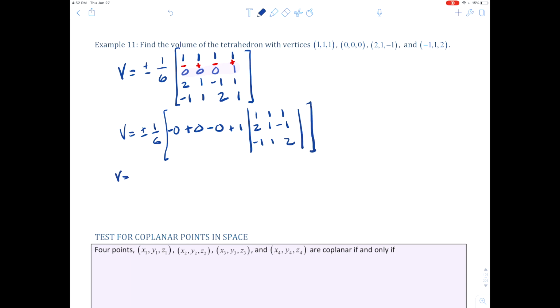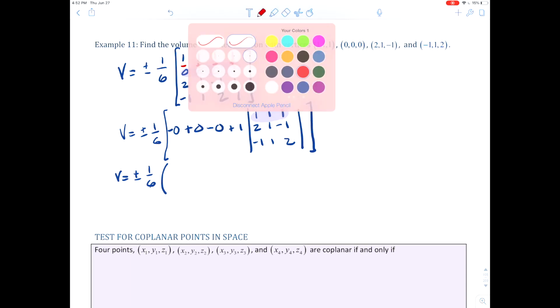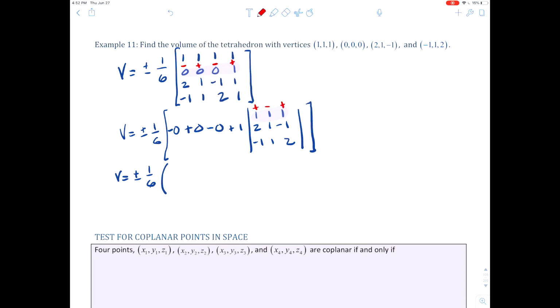So our volume will be plus or minus 1/6 times, I'll just expand about this first row now, and so the signs will be plus, minus, plus.